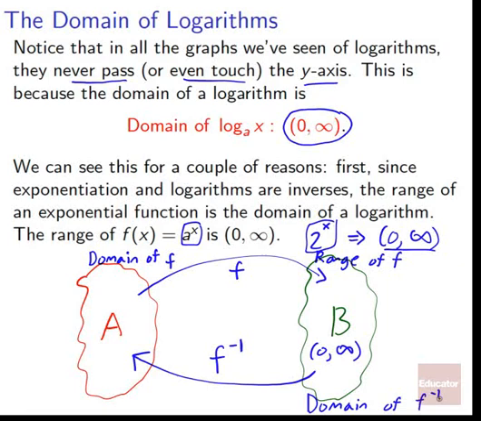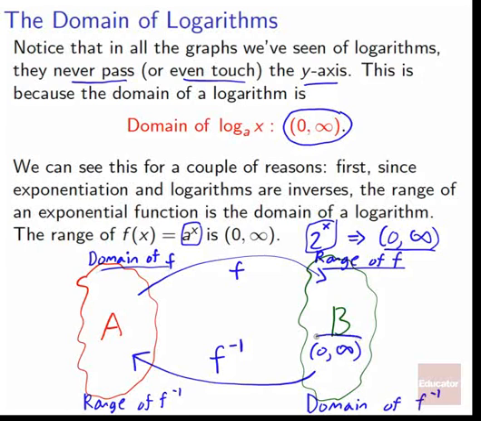Since it's taking what f did and reversing it, it has to be able to take the things that f does as outputs. Whatever f spits out is what f inverse will take in. So the domain of f inverse is the range of f, which means that the range of f inverse is also the domain of our original function f, right? F goes from A to B, f inverse goes from B to A.